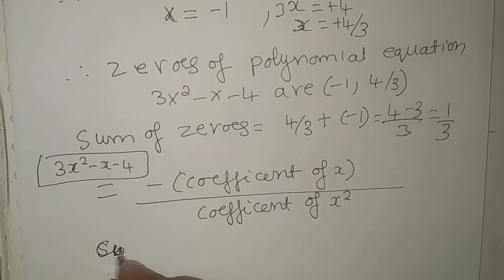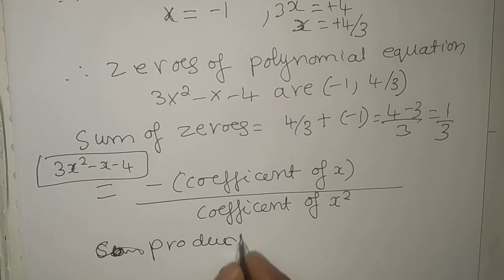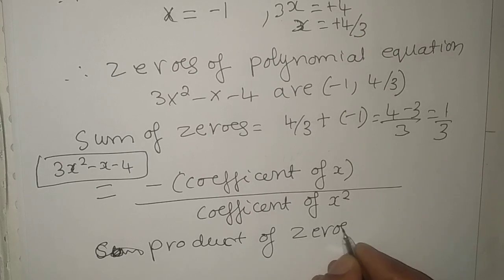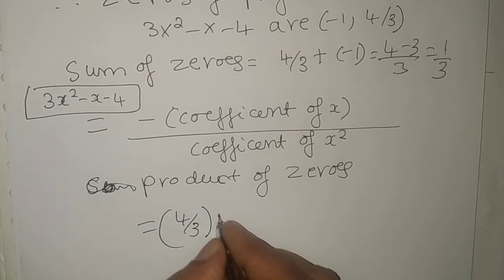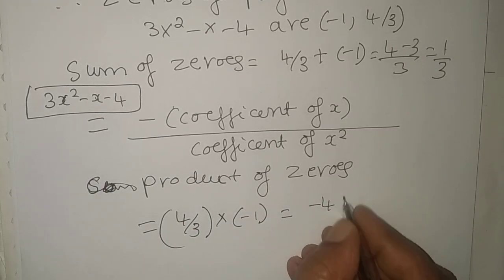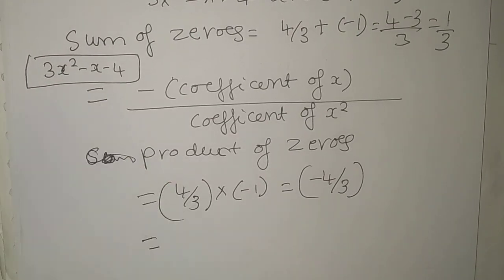Therefore product of zeros, the last part of the problem, will be 4 by 3 into minus 1, which is equal to minus 4 by 3. So what is minus 4 in the equation?